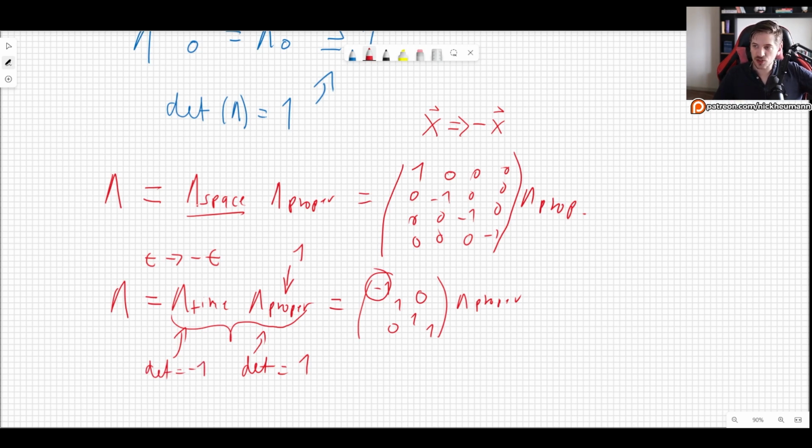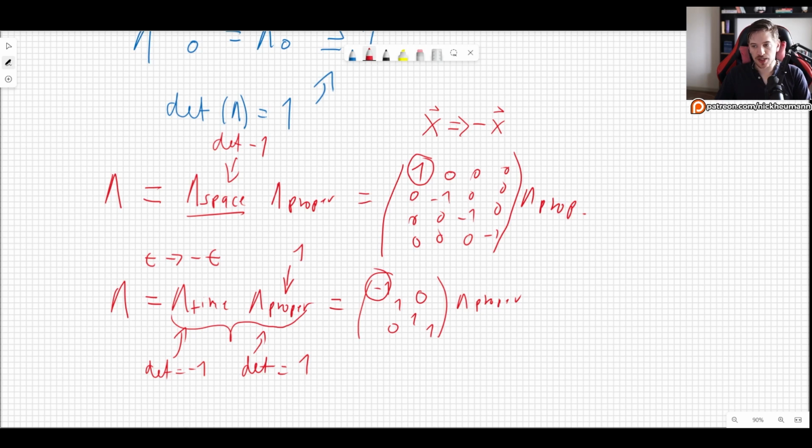So the transformation itself here would have determinant minus 1. Now, in this other case, for example, you also have determinant minus 1, but your lambda 0, 0 is 1. So you can see that we are now going through the other possibilities. We have the case where you have determinant minus 1 and lambda 0, 0 minus 1. We have the case where lambda 0, 0 is 1 and determinant minus 1.